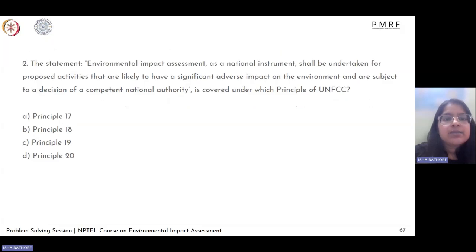Moving on, the statement: environmental impact assessment as a national instrument shall be undertaken for the proposed activities that are likely to have a significant adverse impact on the environment and are subject to a decision of a competent national authority, is covered under which principle of the United Nations Forum for Climate Change? Is it A, principle 17, B, principle 18, C, principle 19, or D, principle 20?